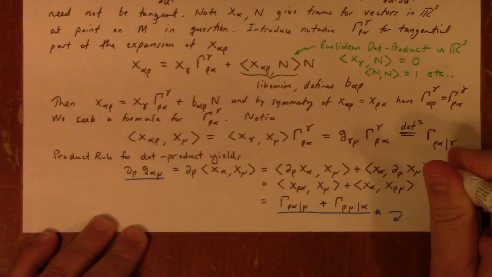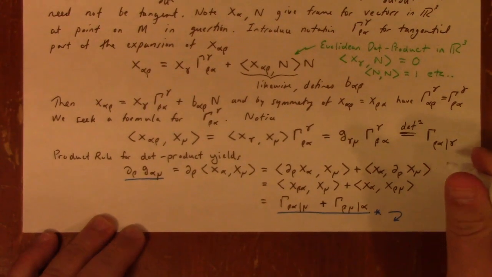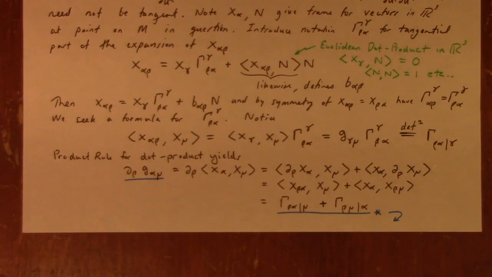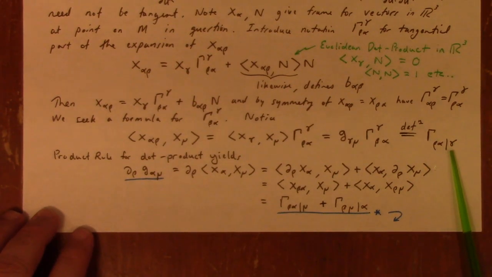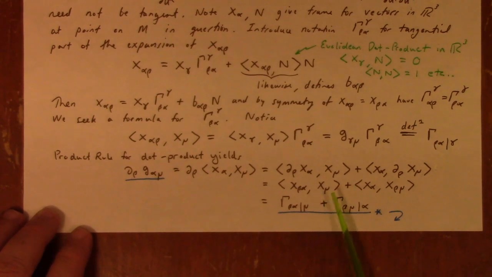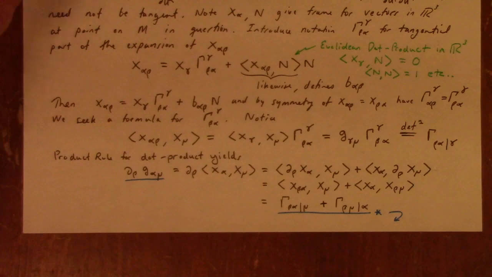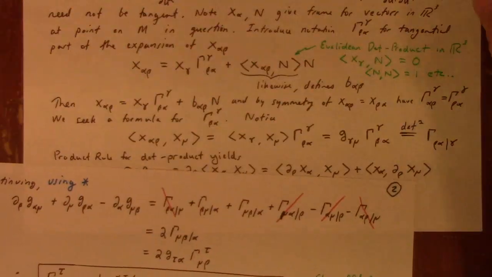In terms of the symbol we just made up, it gives us this gamma beta alpha gamma again here. So this plus that. And remember that the dot product is symmetric, so it doesn't matter which one comes first and second. So we'll call that star, and we'll come back to it on page 2 here.